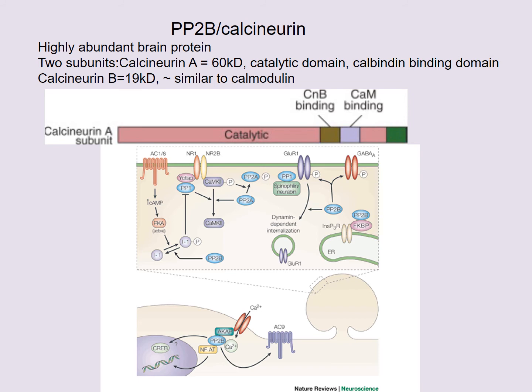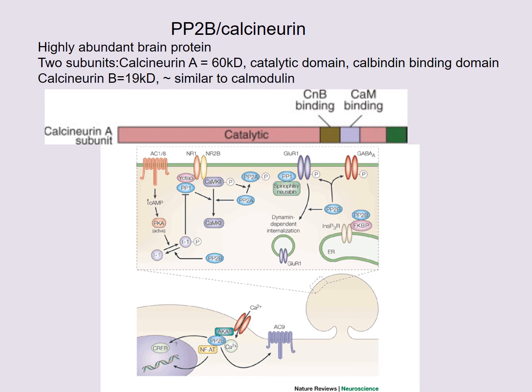We also can see that PP2B or calcineurin will directly dephosphorylate either NMDA receptor or GABA receptors to change their internalization. We also can see that at the endoplasmic reticulum, at the receptor for inositol 3-phosphate, we have phosphatase 2B, which can then act on the activity of these receptors.